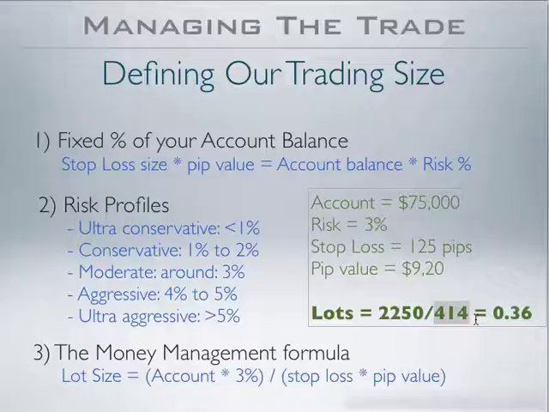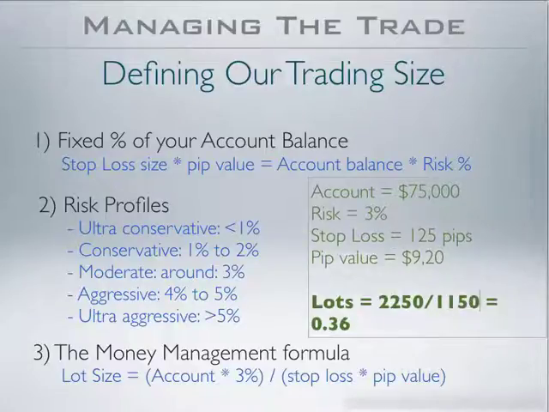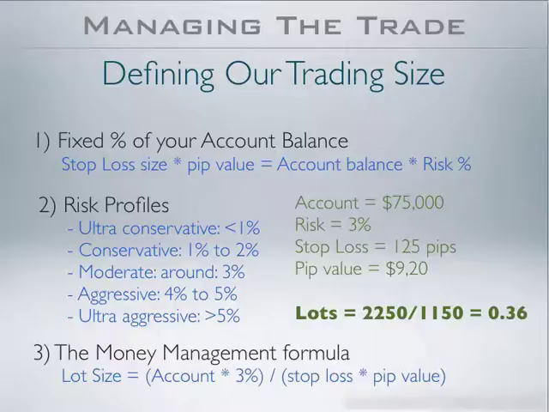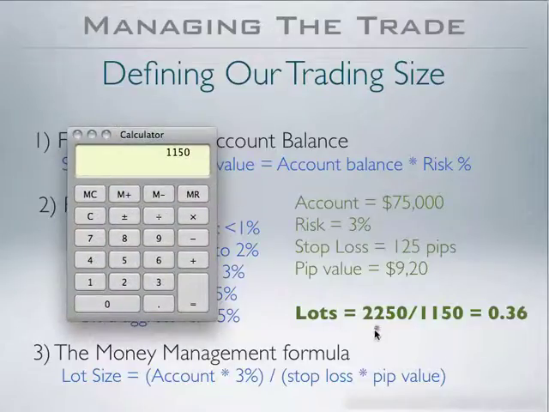So we need to change that, and let me make that a little bit wider so it fits on my screen. Now we need to calculate 2,250 divided by 1,150. Just give me a sec. I'll be done in a minute. 1.9 standard lots.